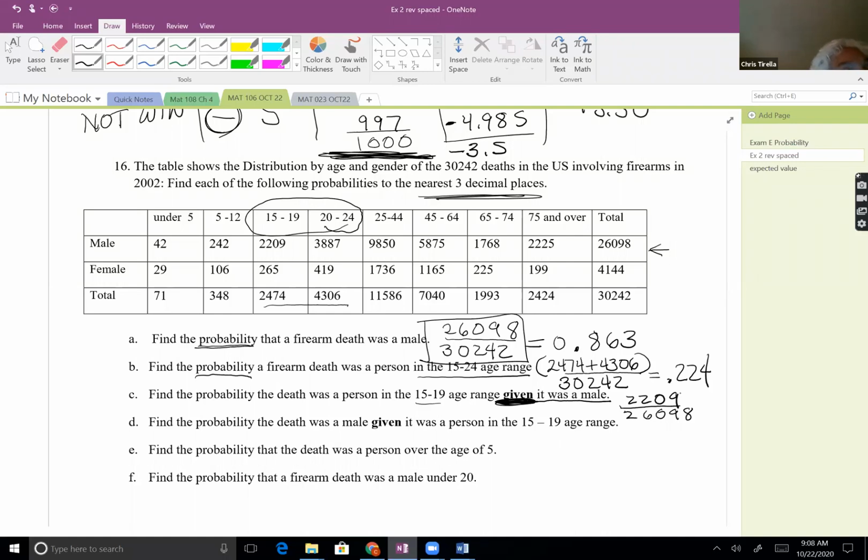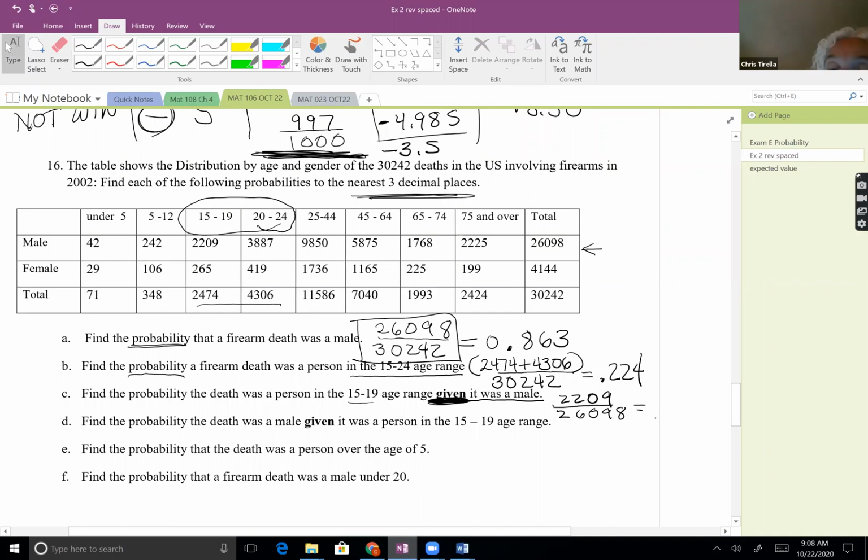And I get 0.85. I'm sorry, 0.085. I misspoke. And again, on my test, these were back-to-back questions. I am unable to do that in my labs.